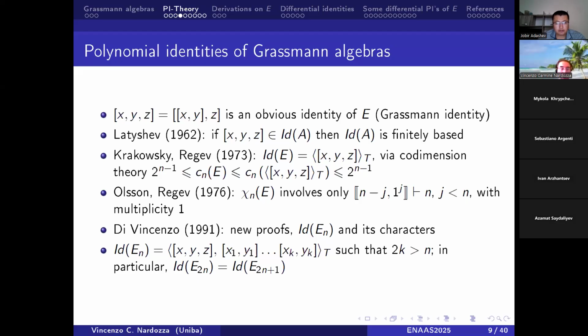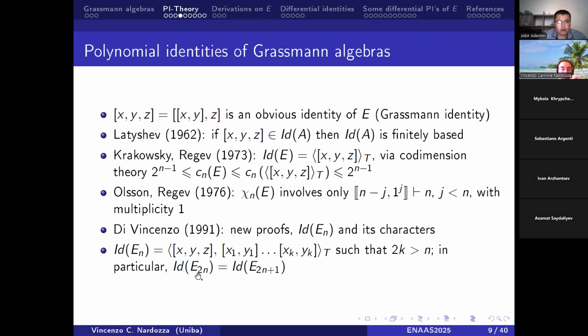We record that the ideal of identities of the finite Grassmann algebra, where the vector space has dimension n, is obtained by adding to the original Grassmann identity the product of k commutators of length 2, for minimal k such that 2k is greater than n.